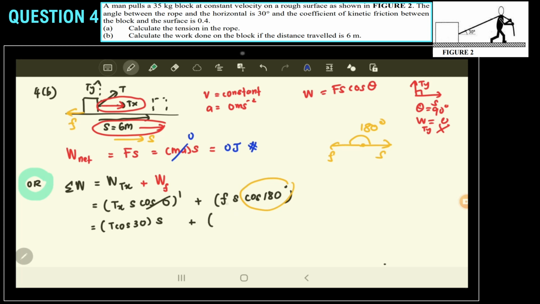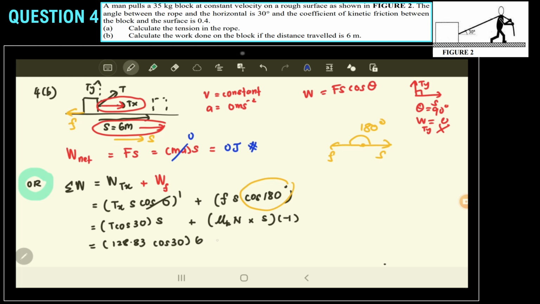Mu k N, so we need to find mu k N times s, cos 180 is negative 1. Okay, so substitute the value. T tadi kita dah dapat 128.83 cos 30 times 6 meter, sebab dia bergerak 6 meter, right?